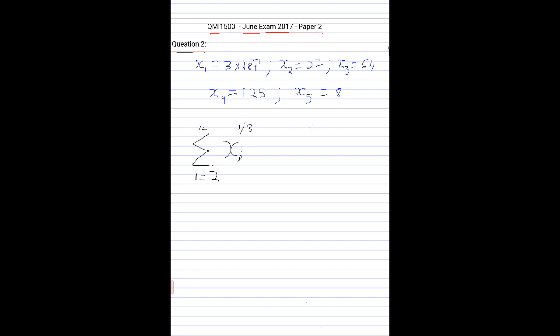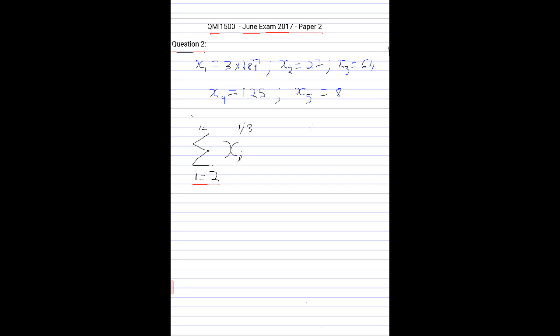We're asked to find the summation of xi to the power 1 over 3, from i equals 2 to 4. So what this tells us is that we're only going to look at the summation of xi's from 2 inclusive all the way to i equals 4.